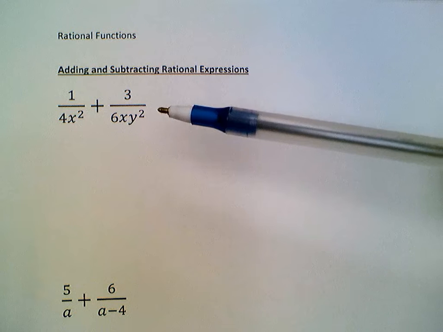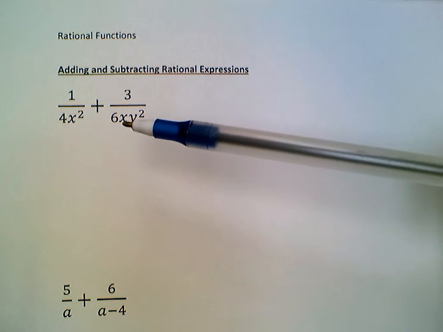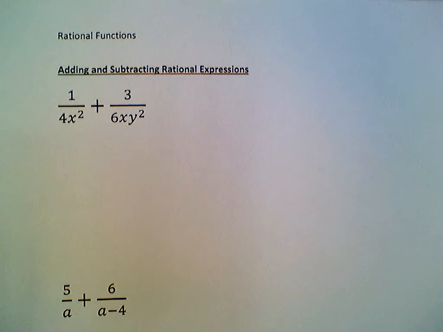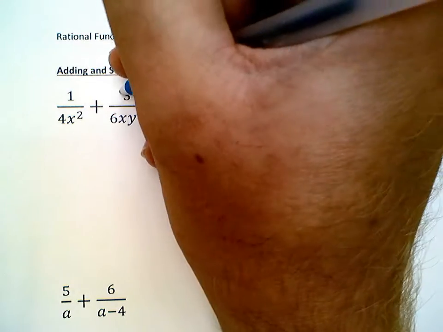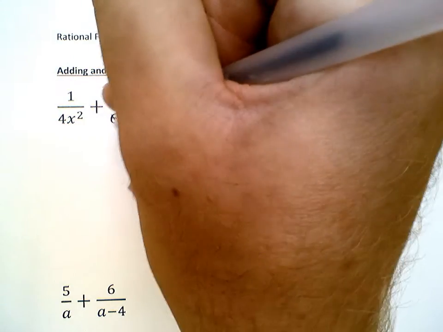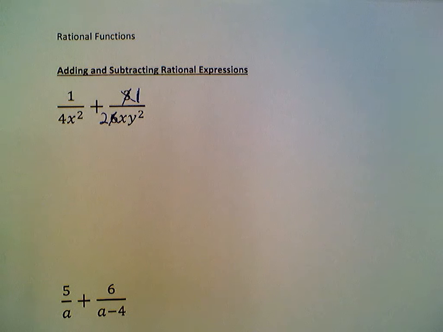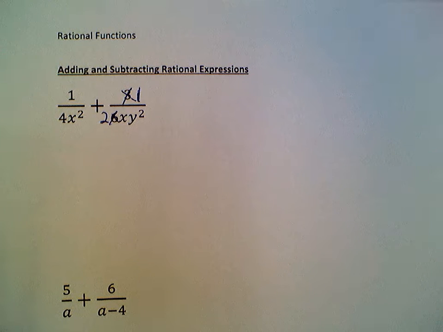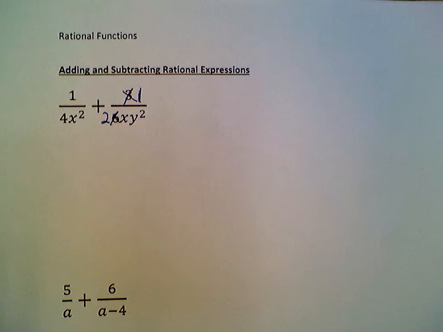But in the second fraction, I've got this 3 on top and this 6 in the denominator, and obviously 3 goes into 6 evenly, so I could cancel this 3 out, turn it into a 1, and cancel this 6 and make it into a 2, because 3 goes into 6 twice. Now you don't have to do this right away. You'll end up with the same answer at the end, but you'll just have to simplify later if you don't. So now that we've simplified, let's look and see about common denominators.